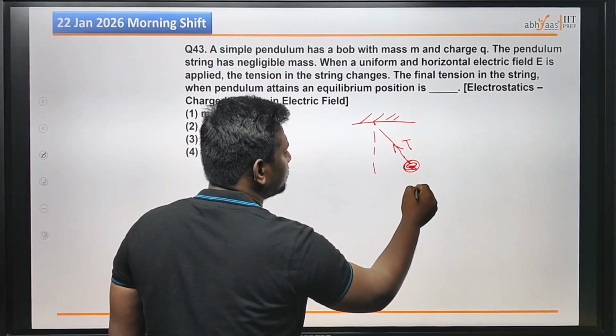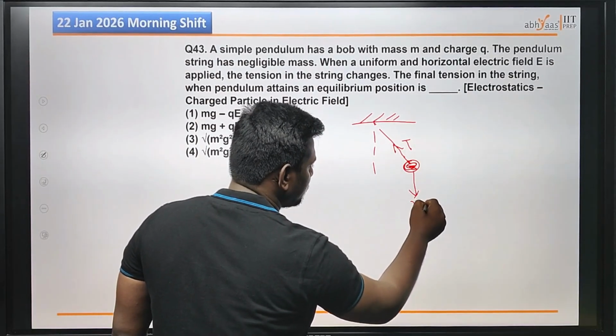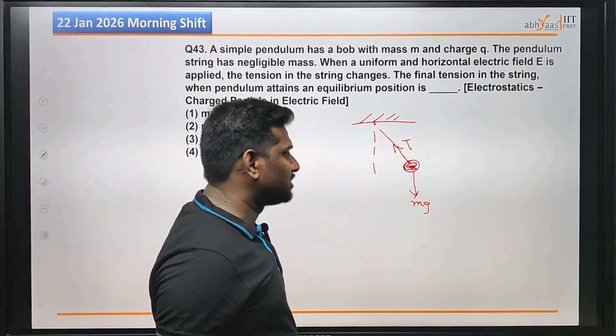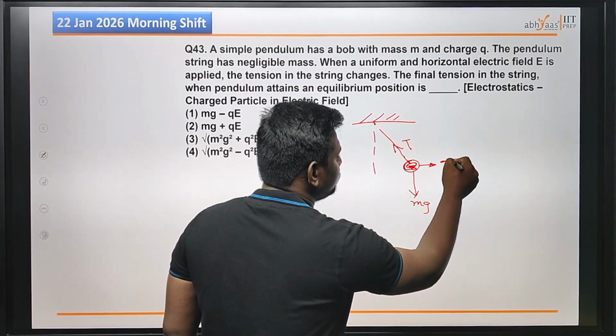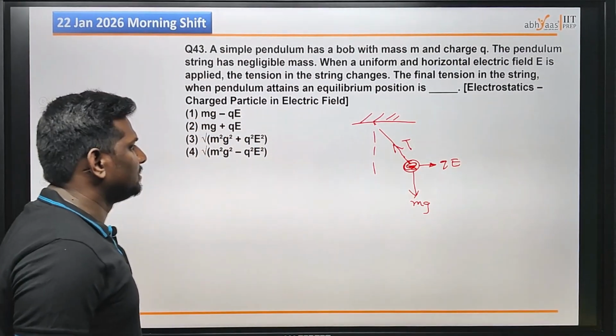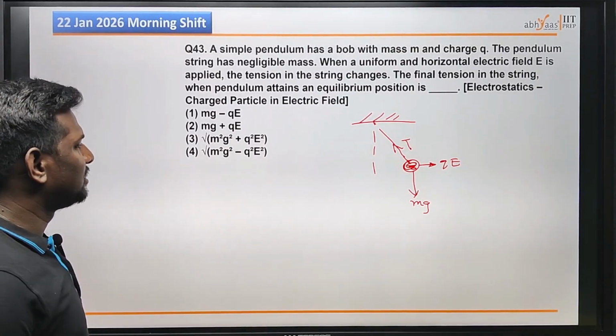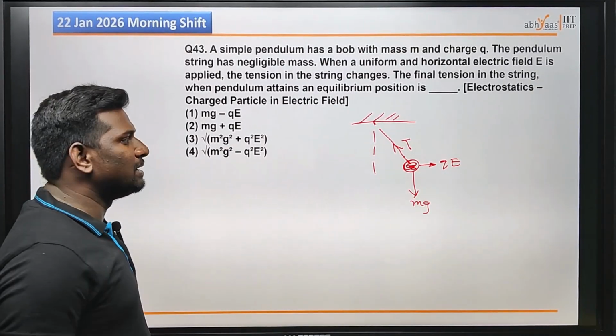Tension is acting upward, downward is the gravitational force, and one more is there, the electric force qE.